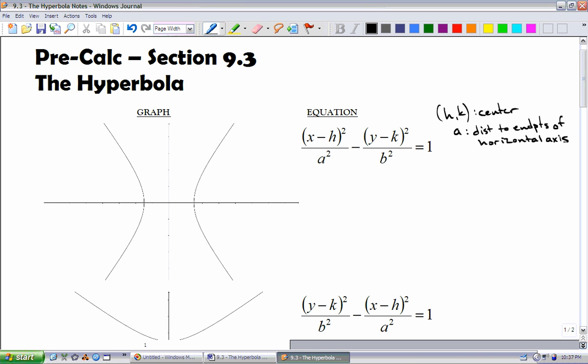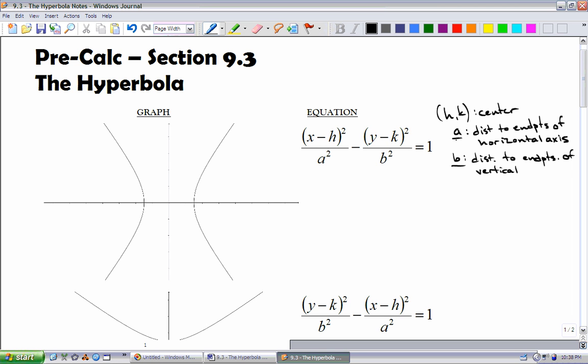Now, the horizontal and vertical axis will have some different names with the hyperbola, but just like the ellipse, the A, since it's always under the X, will be the distance to the endpoints of the horizontal axis. B is the distance to the endpoints of the vertical axis. Okay? All of these things, it's just like the ellipse. So we need to keep those in mind.